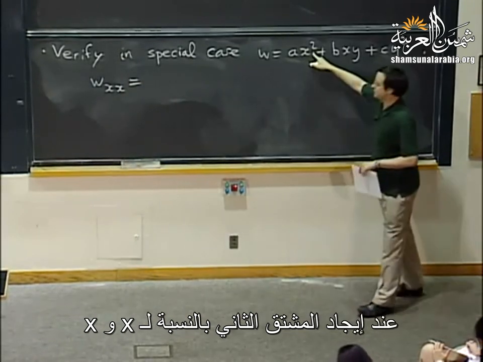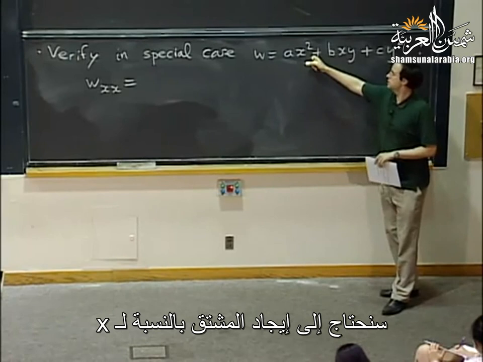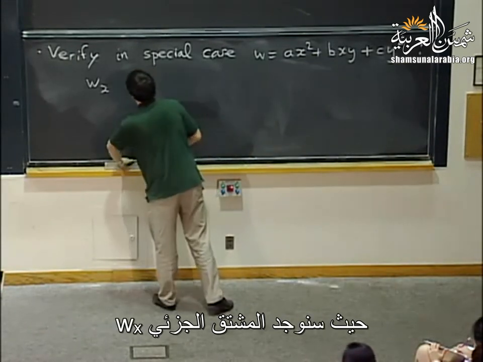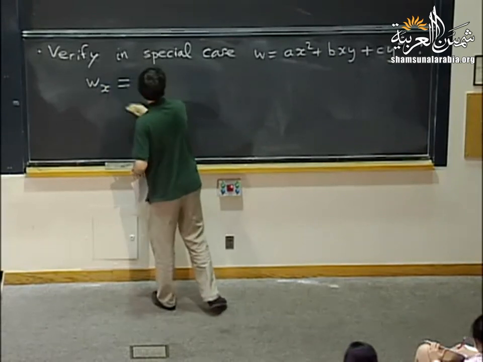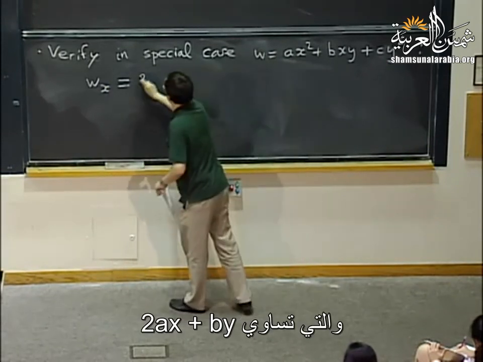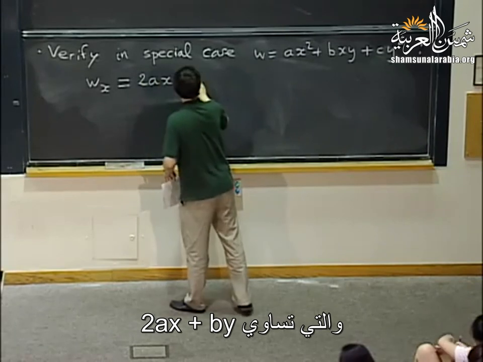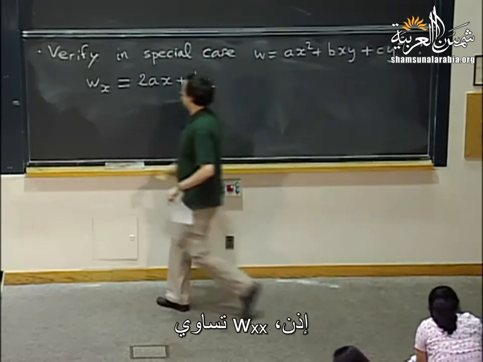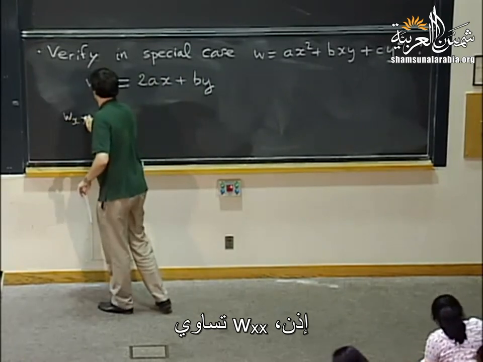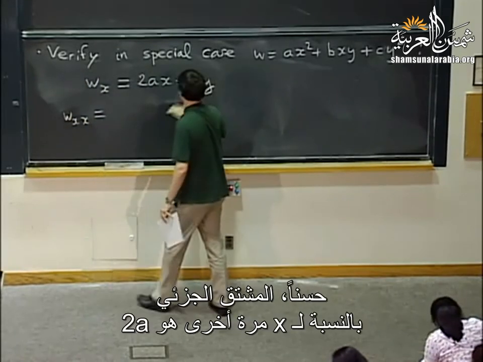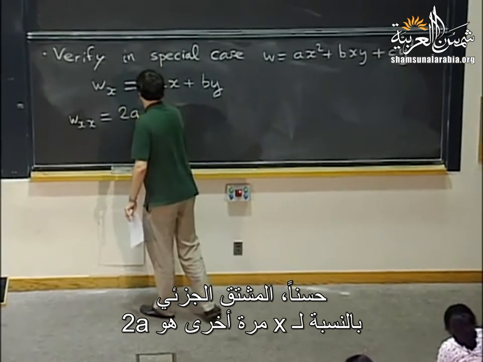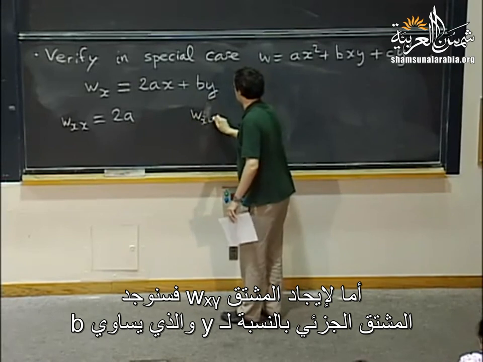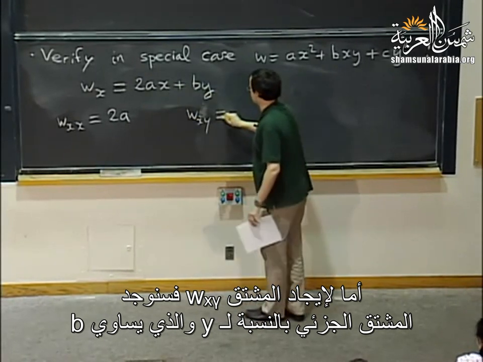First I want to take the derivative with respect to x, let's take first the first partial, w sub x, that will be 2ax plus by, right? So w sub xx will be, well, let's take the partial with respect to x again, that's 2a. W sub xy, I take the partial with respect to y, I will get b.